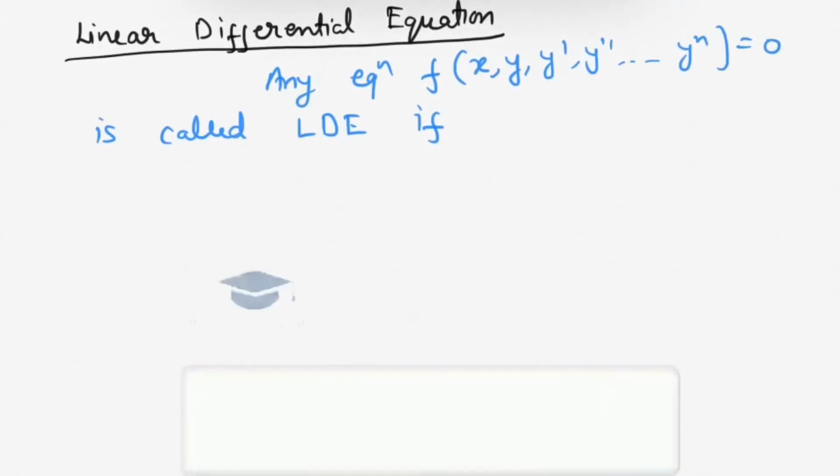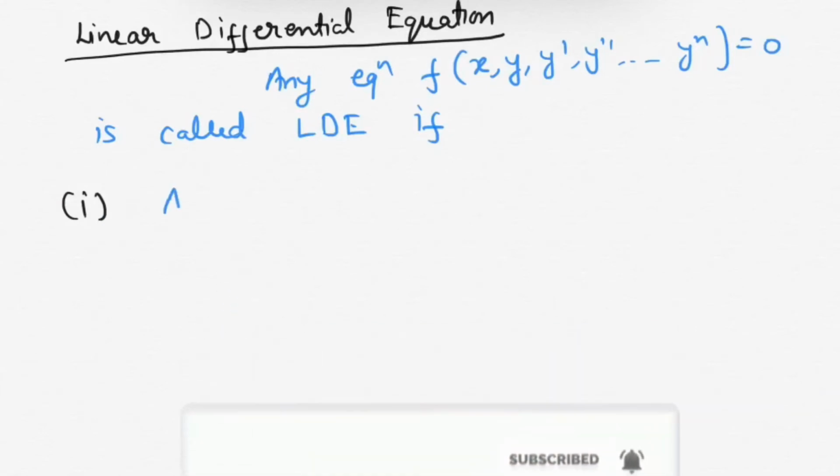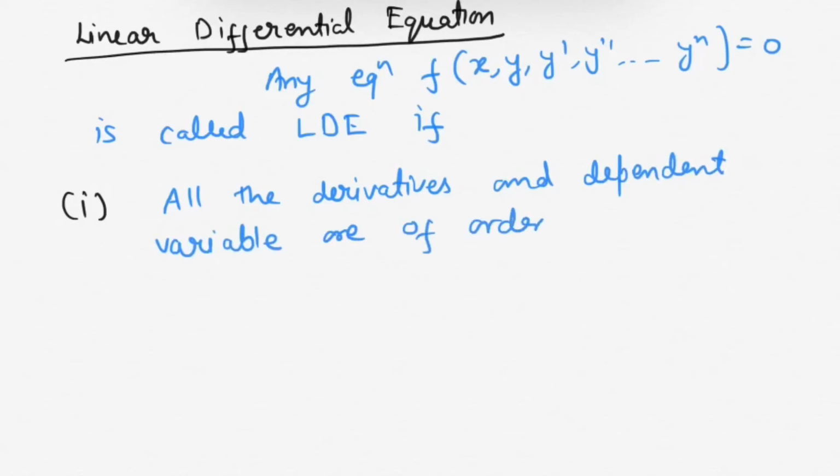condition number 1, all the derivatives and dependent variable are of order 1. That means y, y prime, y double prime all must be of order 1.